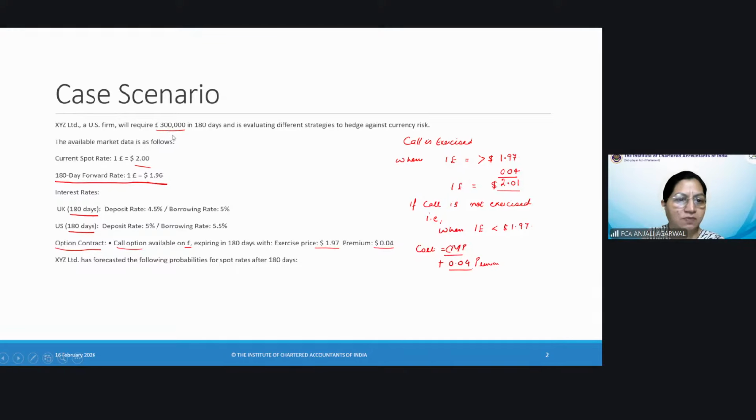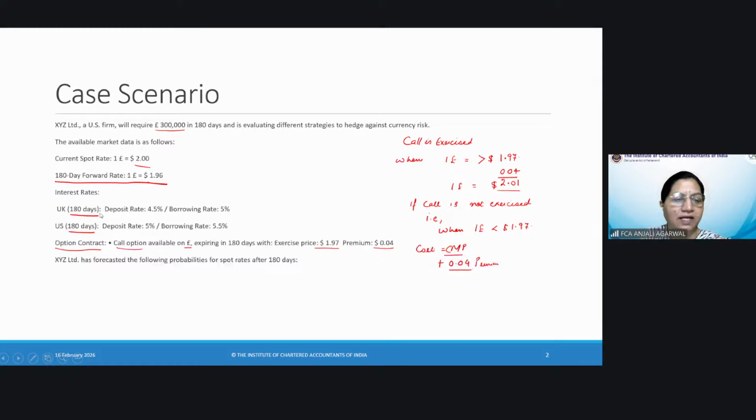So you have pounds payable in foreign currency. When you have pounds payable, you deposit in foreign currency and borrow in your home currency. So for receiving exactly 300,000 pounds, you will invest in UK at 4.5% by borrowing in US at 5.5%.